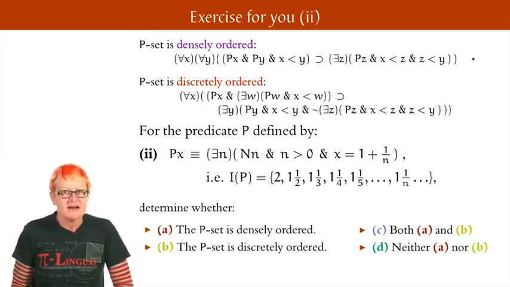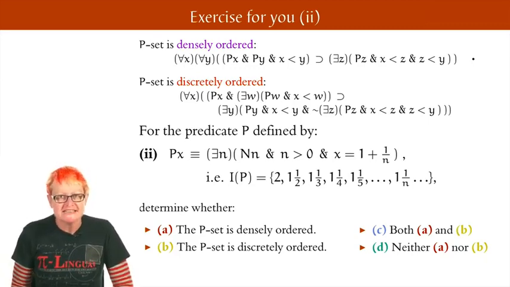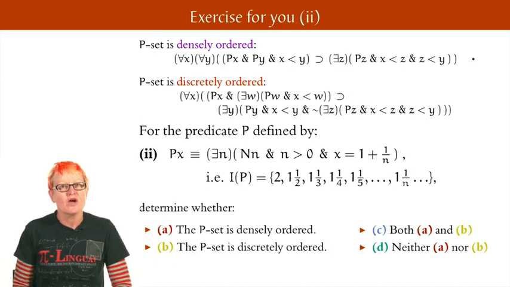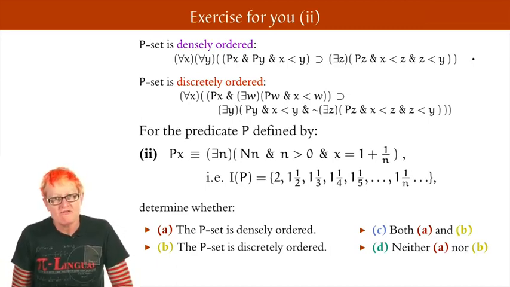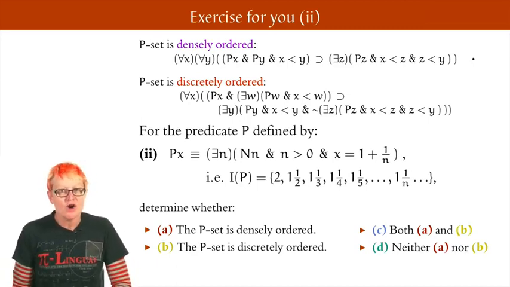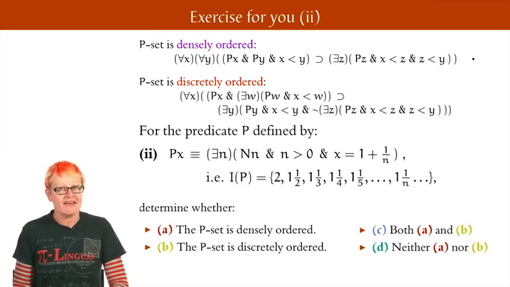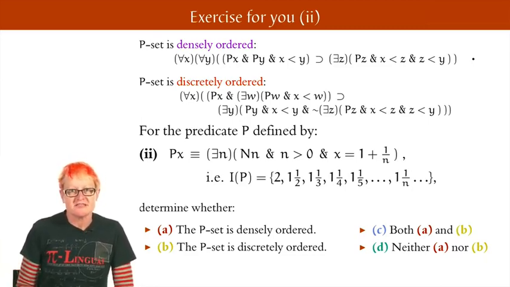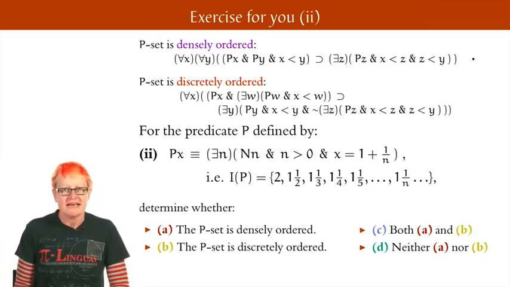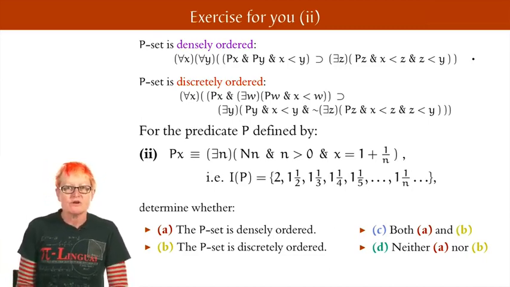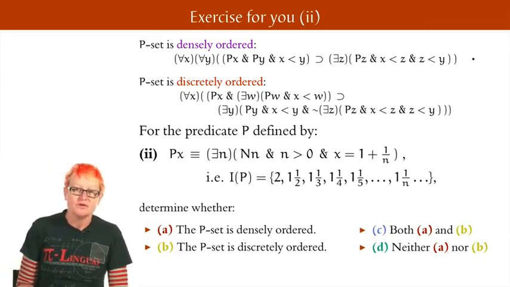So we can list the numbers in the P set in decreasing order: 2, 1 and a half, 1 and a third, 1 and 1 on 4, 1 and 1 on 5, and so on. The numbers get closer and closer to 1 without ever getting there. We'll see progressions like this when we get to convergence of sequences. Now, again, determine whether A, P set is densely ordered, B, discretely ordered, C, both, or D, neither. You have a go.